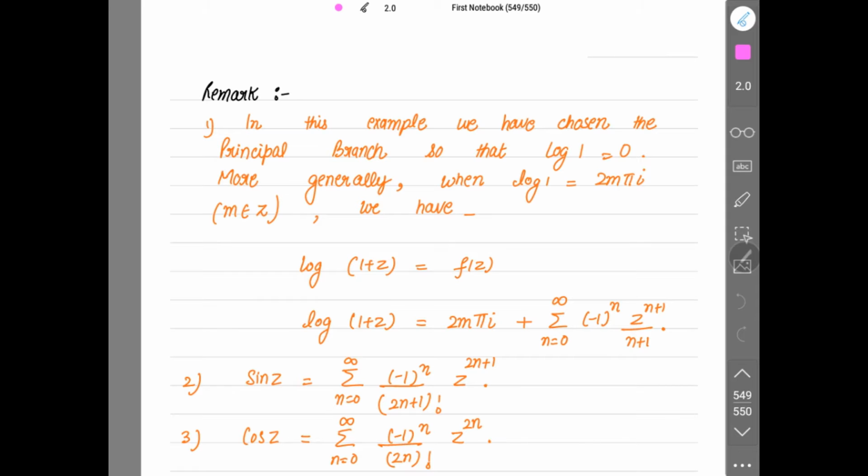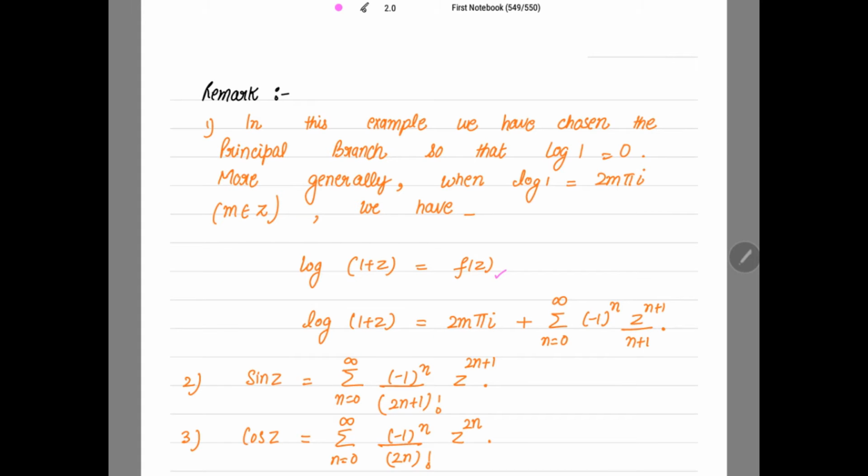Here is a remark for you. Just in this example, we have chosen the principal branch. Whenever we use the word principal branch, that means we are talking about capital L, log, right? And that log 1 is 0. So more generally, when small l, log of 1 is equal to 2m pi iota, where m belongs to the set of integers, we have log of 1 plus z equal to f of z plus 2m pi iota.